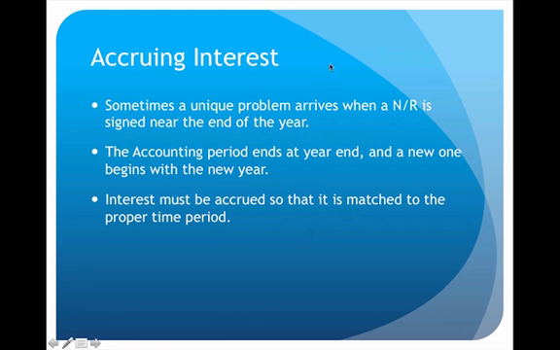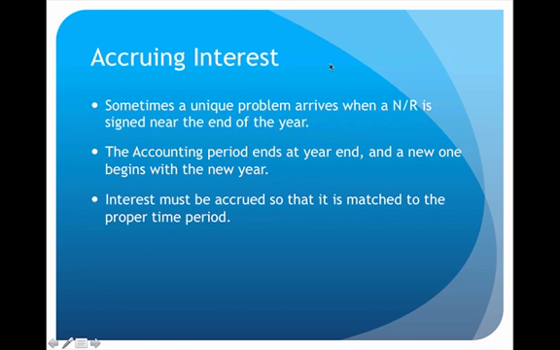Now, moving forward, we need to talk about accruing interest. Sometimes there is a unique problem that arrives, and that is a problem that must be overcome. This happens whenever we have a note, and specifically if the note is signed near the end of the year.